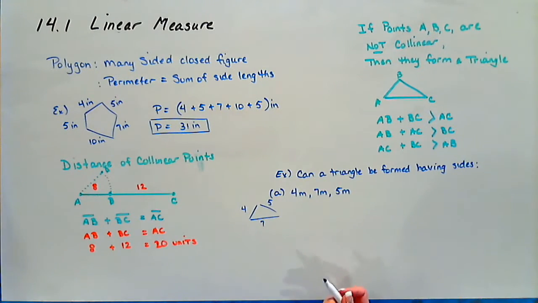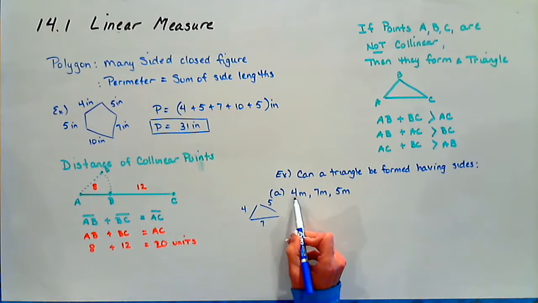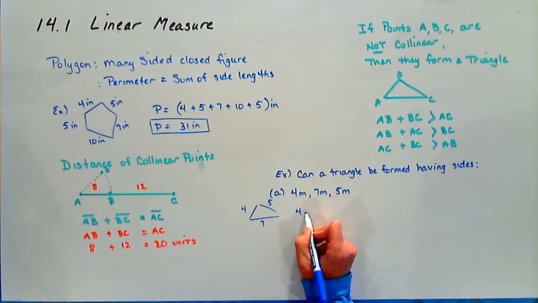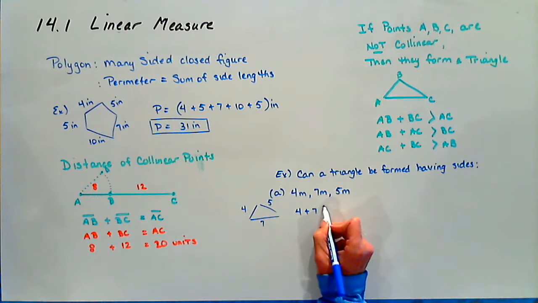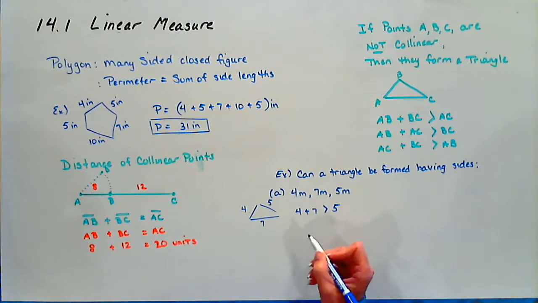So what I'm going to do is take a look at the sides, and I'm going to go in the order that they gave us, 4, 7, 5. Is 4 plus 7, since they're all the same units, I'm not going to worry about that, greater than the third side of 5? Well, the answer is yes. 11 is greater than 5.